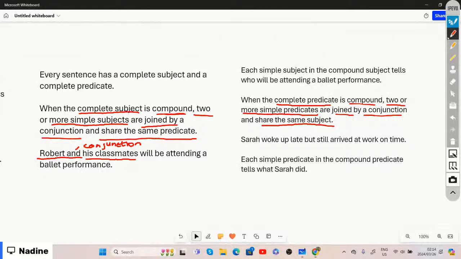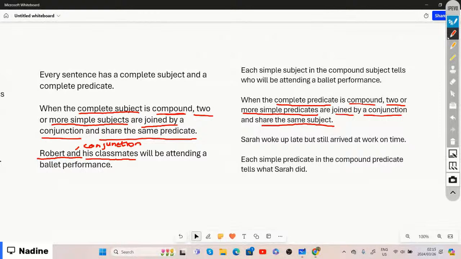So we have two or more simple predicates joined by a conjunction, but they share the same subject, right? One subject, but two verbs. So one subject, two verbs.